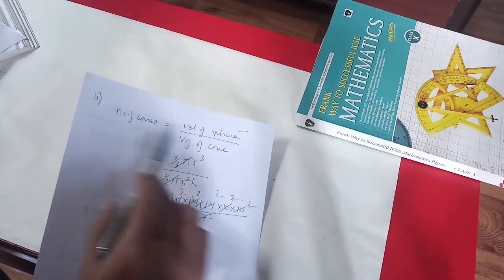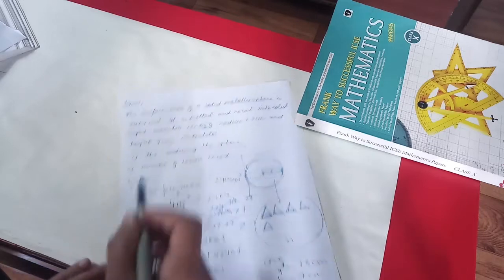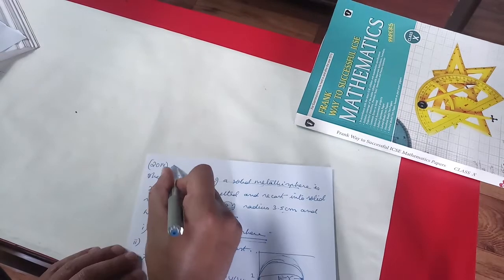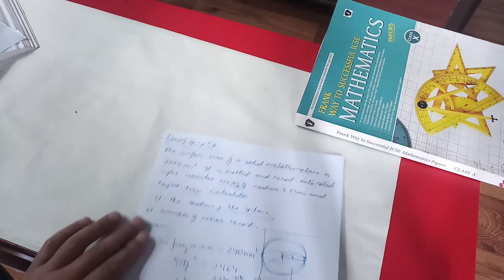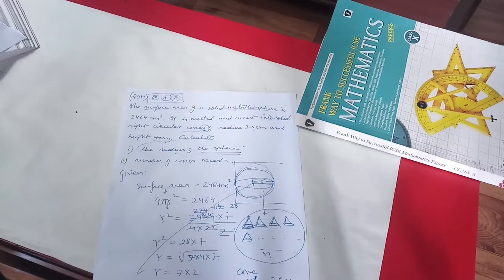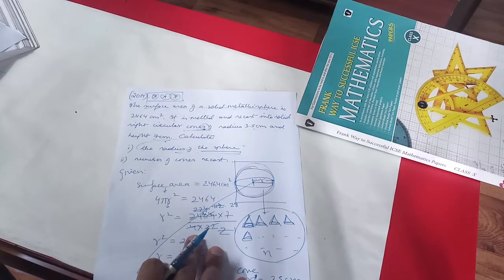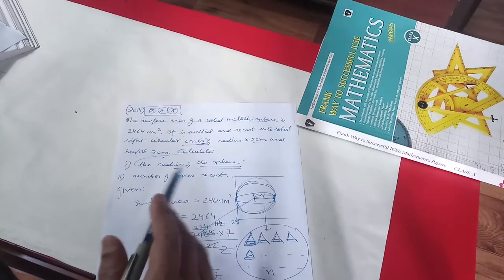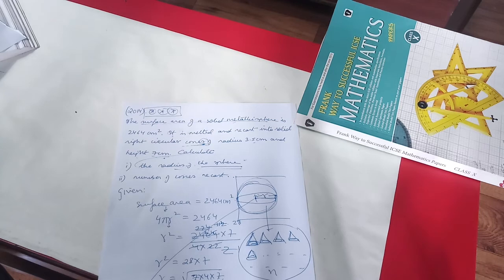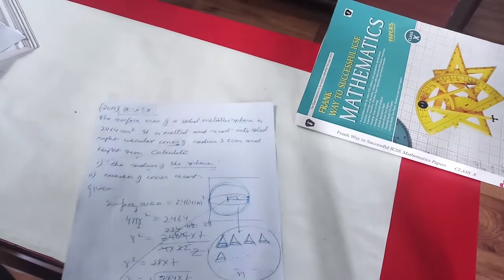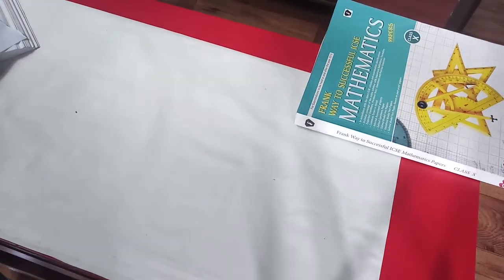N. So if you cross multiply this, you will get the volume of the sphere. This type of question is very, very important from your exams point of view. Definitely you will see one question from here. It will be either 3 marks or 4 marks, where one solid is melted and recast into another solid. So likewise, let me do one more question, that is ICSE 2015.